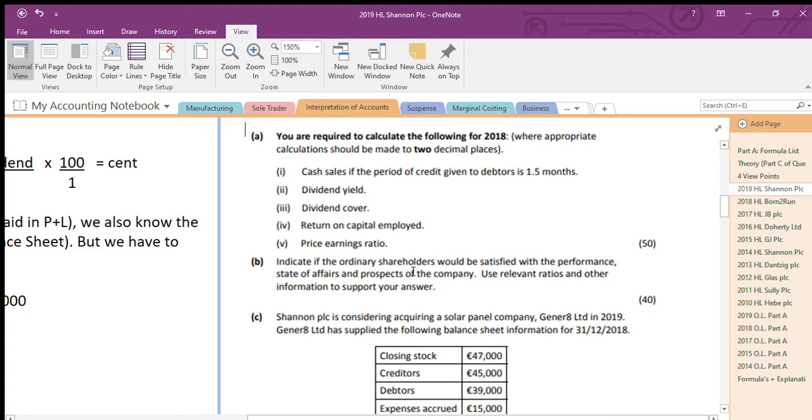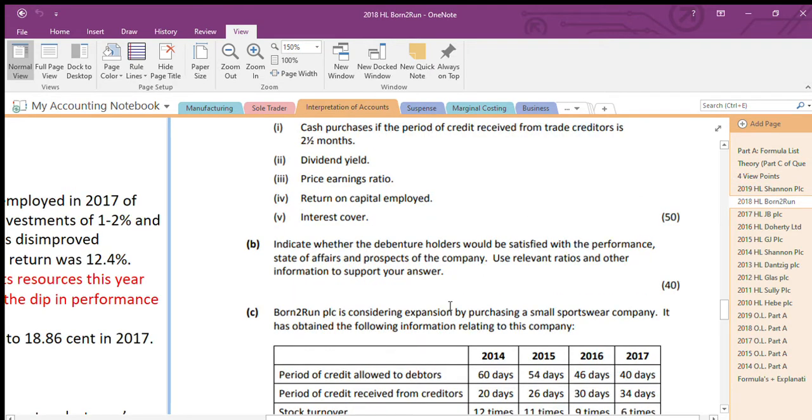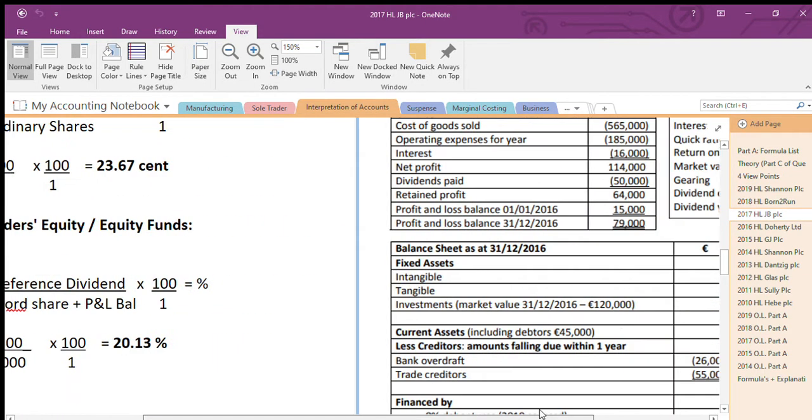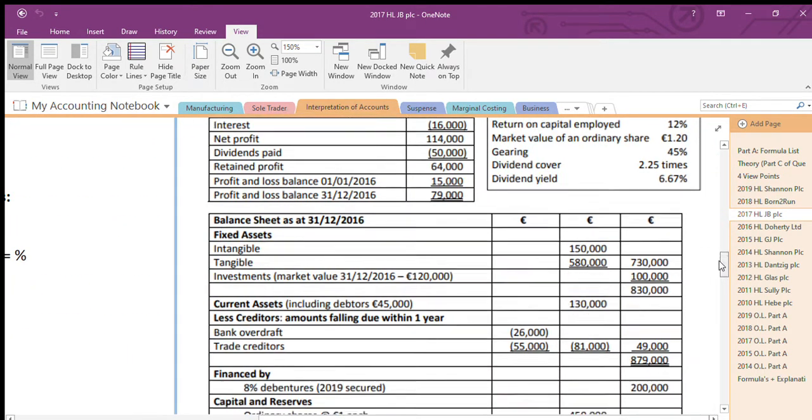If somebody was going to purchase new shares, either a new shareholder or somebody who already owns shares, would they be happy? So the first one is a current ordinary shareholder. The second one is a new ordinary shareholder. The third one could be debenture holders, as we see here. And the fourth one is generally bank managers.